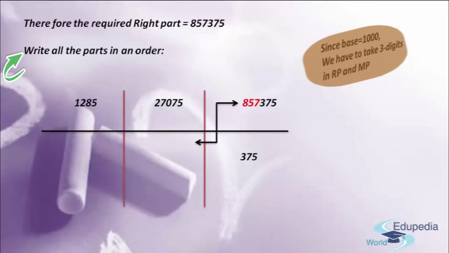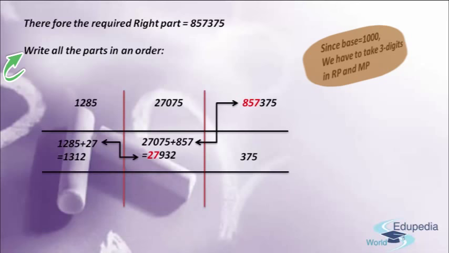So therefore, by sending this 857 and by adding to 27,075, we get 27,932 as the sum. And if you observe this sum, again it is a 5-digit number, so therefore we have to take the last 3 digits, that is 932 in our answer, and the remaining number, that is 27, should be taken as carry on, and we have to add this 27 to 1285. So therefore, by taking this 27 and by adding to 1285, we get 1312 as the answer.